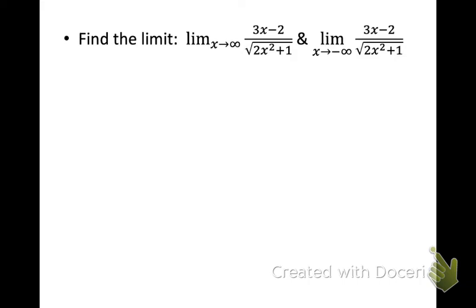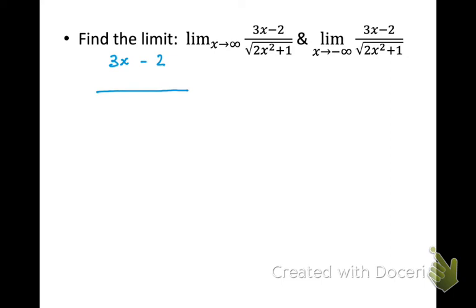The book shows it as the square root of x squared. Okay, so I have 3x minus 2. I'm going to leave a gap. We're going to come back up and write that. But I'm going to show you what I meant by the bottom.